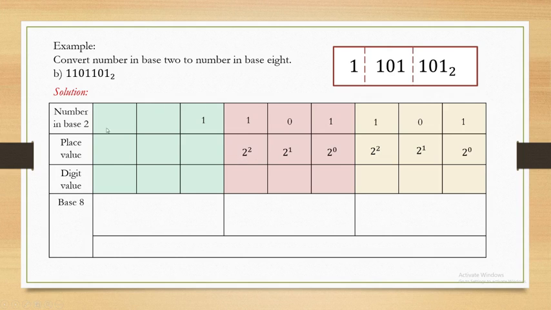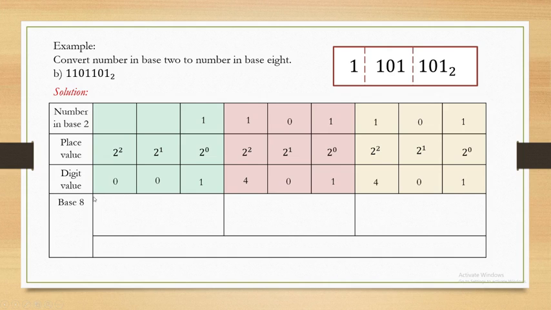Same goes with this group. Okay, the digit value is the multiplication of the number and the place value, which is 1 times 2 power of 0 is 1, 0 times 2 power of 1 is 0, and then 4, 1, 0, 4, 1. This is 0 because there is no number in here, so it's 0, 0.